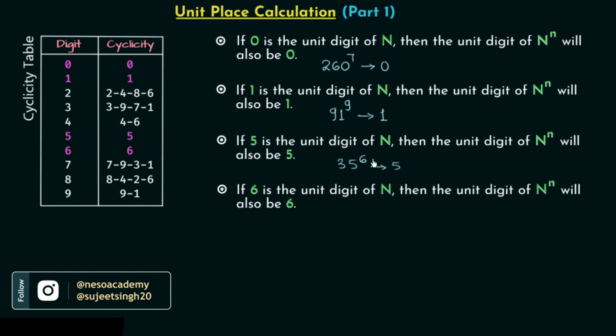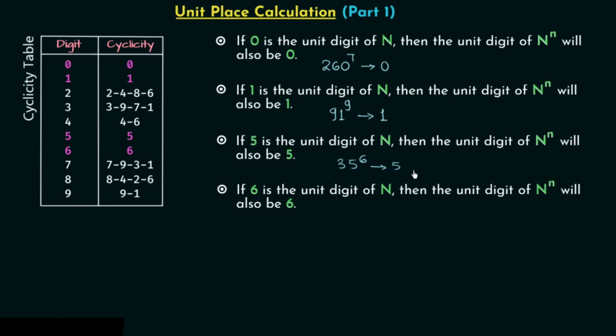Following the same rule, if we have a number in which 6 is at the unit place, then the number raised to power n will have 6 as the unit digit. So I hope you now understand how to find out the digit at unit place when we have 0, 1, 5 and 6 at the unit place of a number raised to power n.